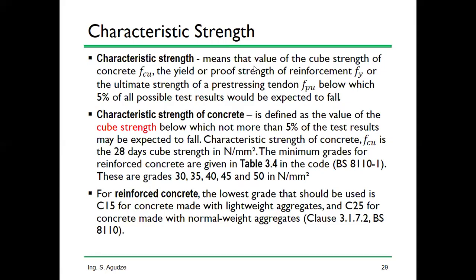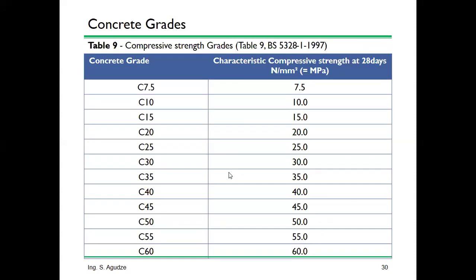All right. Let's continue. So if you look at the BS 5328 Part 1, 1997, these are the grades of concrete specified in that code. So the C means compressive strength, right?